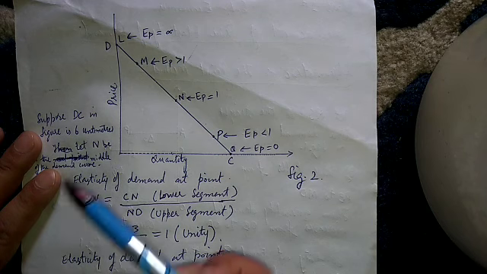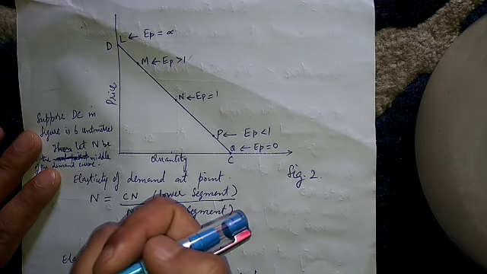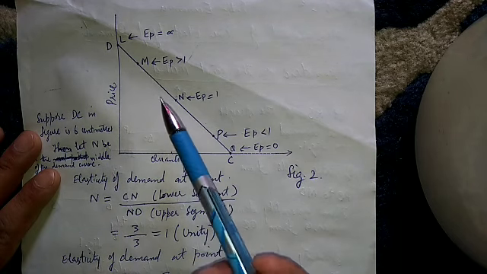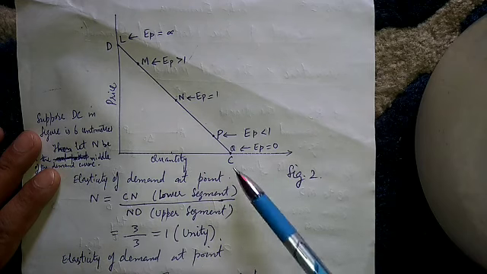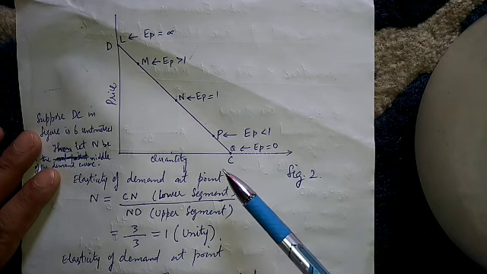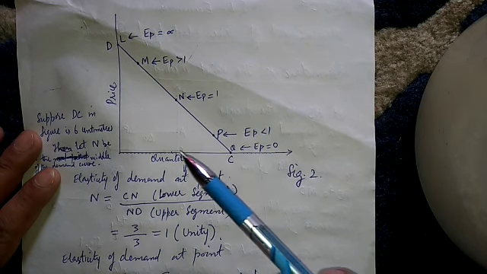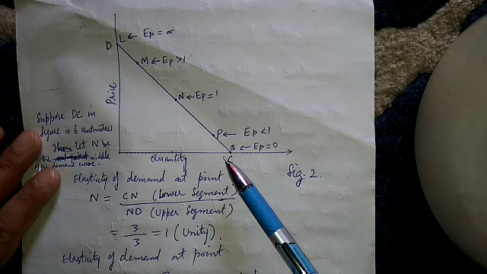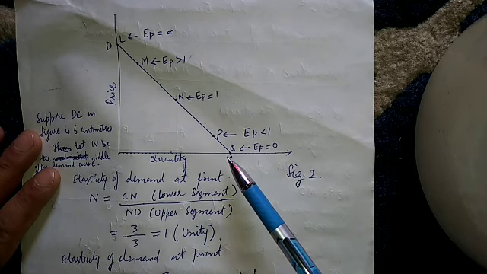When the demand curve touches the y-axis, the elasticity is infinity. Any point below the midpoint towards the x-axis will show lower elastic demand, and elastic demand becomes 0 when the demand curve touches the x-axis.